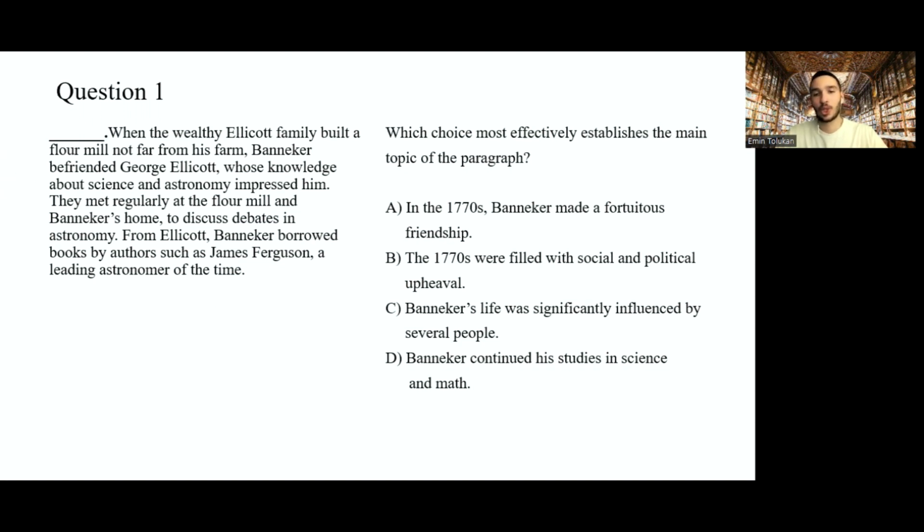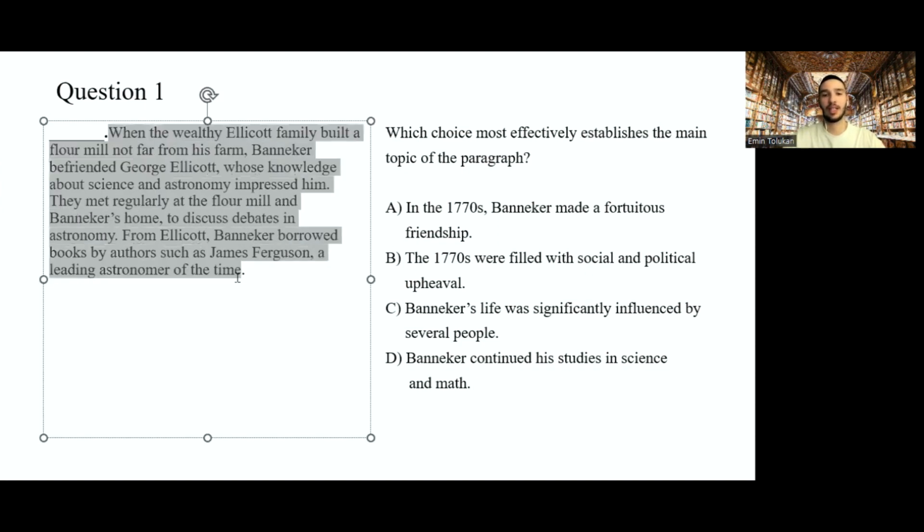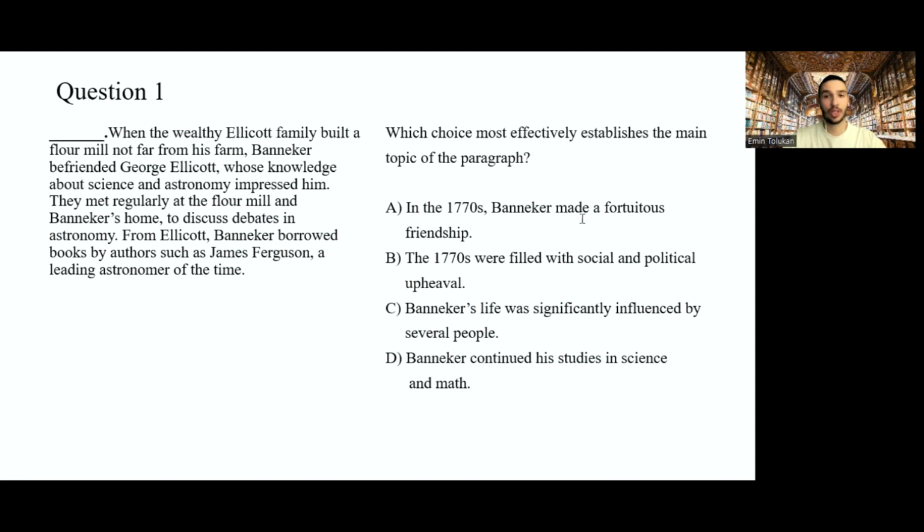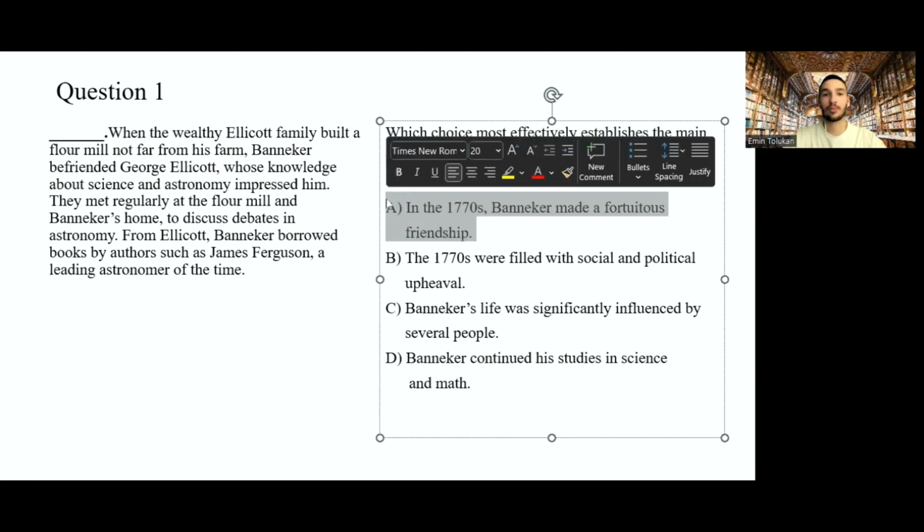Let's take a look at choice A. In the 1770s, Banneker made a fortuitous friendship. Fortuitous means something that brings you fortune, luck, something nice. In the 1770s, Banneker, this person that we're talking about in the passage, made a good friendship. That makes a lot of sense. We're talking about his friend. We're talking about what they used to do. So this is a possible answer.